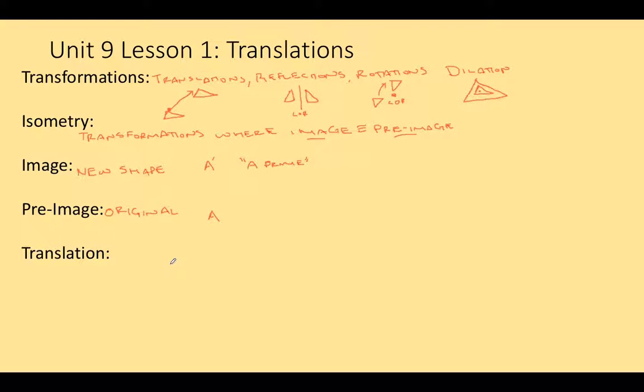It's how much does it go left, right, up, down. The notation that we're going to be using is going to be when we want a translation, we're going to put capital T, and then down here in pointy brackets, you're going to have how much you want it to go right or left and how much up or down.